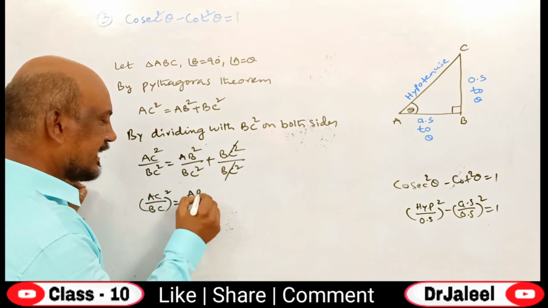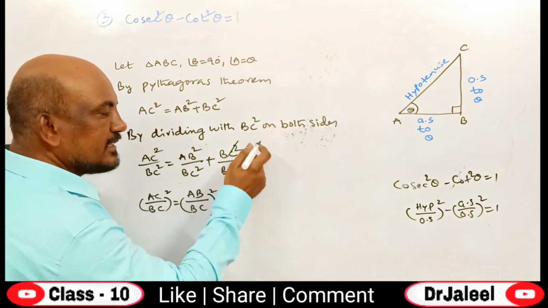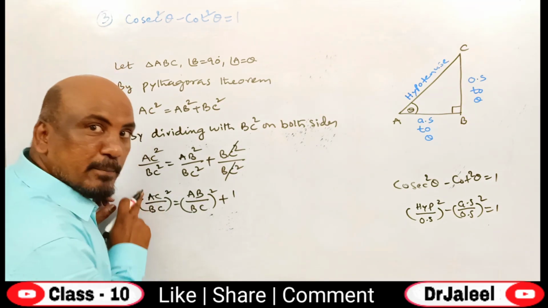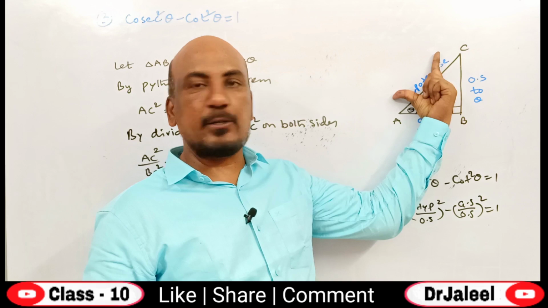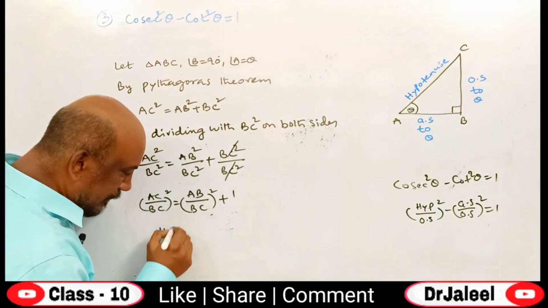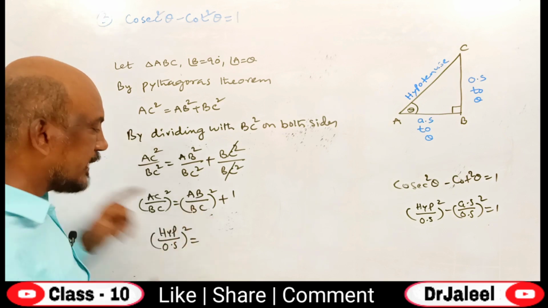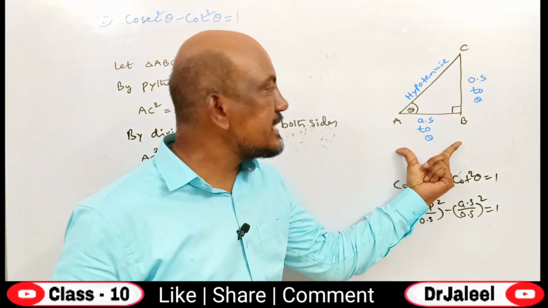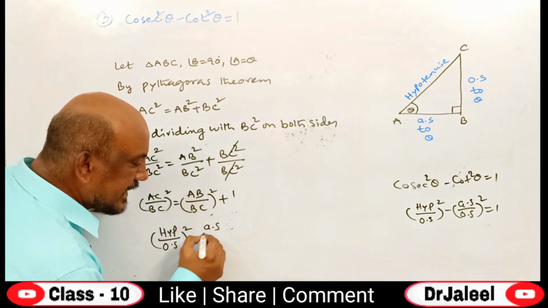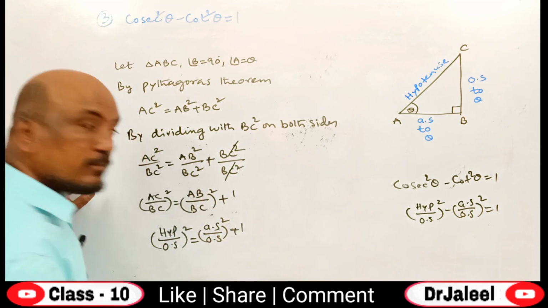Again you can write it as AB by BC whole square plus here everything is cancelled, so 1 will be left. Children, here AC by BC. What is AC? Hypotenuse. What is BC? Opposite. So let us convert it into hypotenuse by opposite side whole square is equal to AB by BC. AB is adjacent side, BC is opposite side. So adjacent side by opposite side whole square is there plus 1.